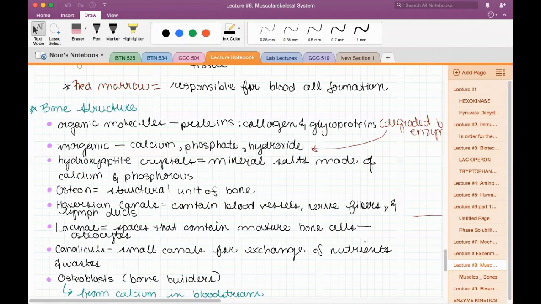The hydroxyapatite crystals are just mineral salts made of calcium and phosphorus, because the bone system in the body is also a form of mineral homeostasis. An osteon is basically the structural unit of a bone. You should basically know that this is the structural unit of a bone.